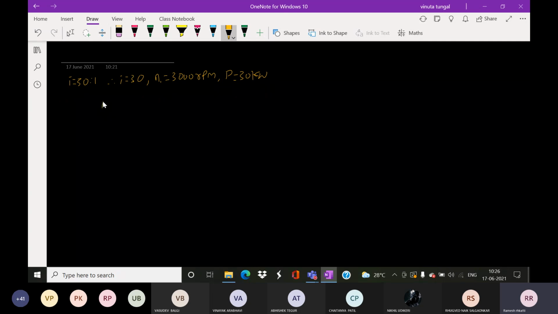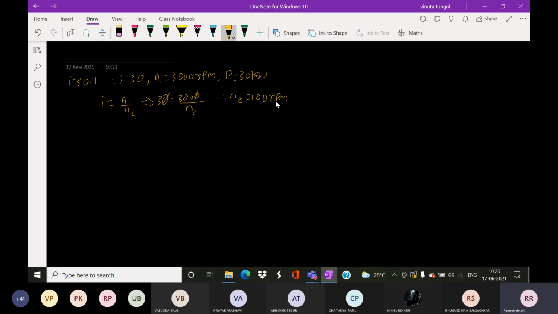We know that i is equal to N1 divided by N2. Therefore, i is 30 and N1 is 3000 divided by N2. The zeros will get cancelled. Therefore, N2 is 100 rpm.